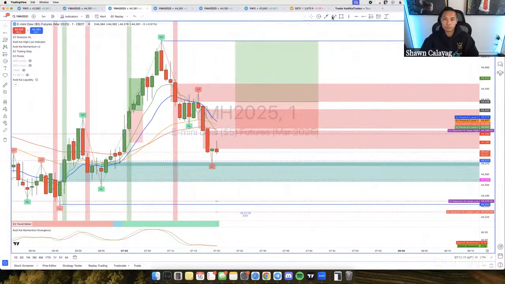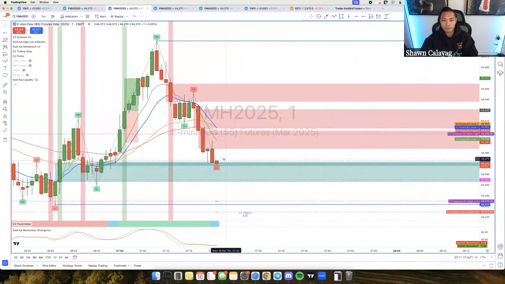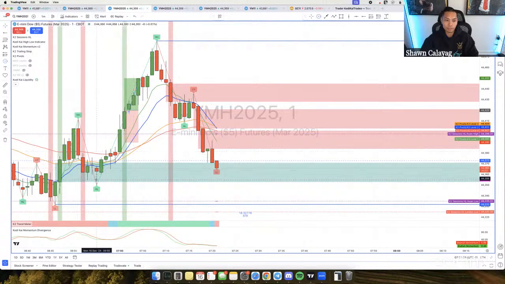So I would want to see some sort of V1 variation down here, push up higher, and I would enter from right there. Or another thing I would like to see here is a liquidity grab, like what happened right here with this red candle. Look for price to grab through it and then push right back up.